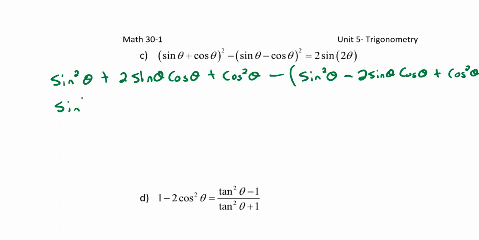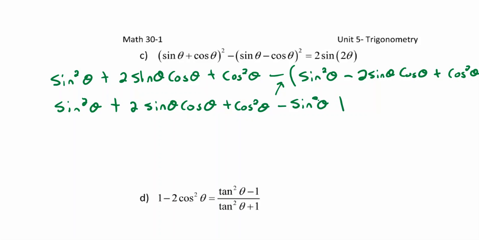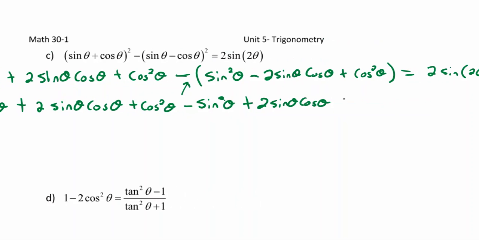So let's write sine squared theta, and I'll just distribute this negative into this one. That's going to be sine squared theta plus 2 sine theta cos theta plus cos squared theta, and then minus sine squared theta plus, since I'm distributing that in, 2 sine theta cos theta, and then minus cos squared theta.